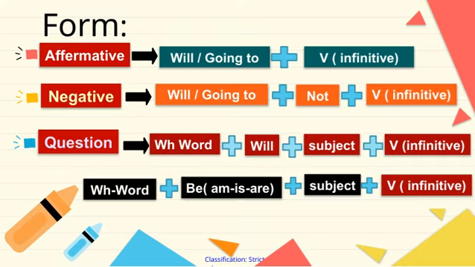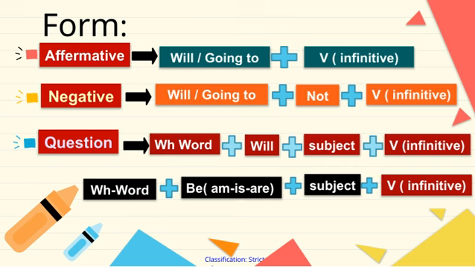Moving on, we see will / going to, which are two common ways to talk about future plans or predictions. The structure can be will plus verb or going to plus verb. Then we have the negative form, which includes not. When you want to make a sentence negative, you insert not after will or going to. For example, I will not go or they are not coming.